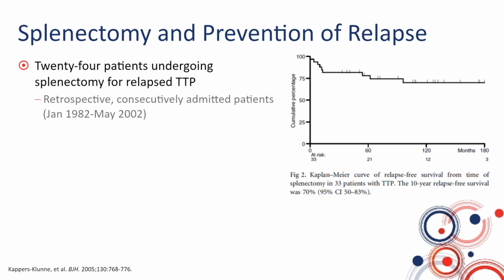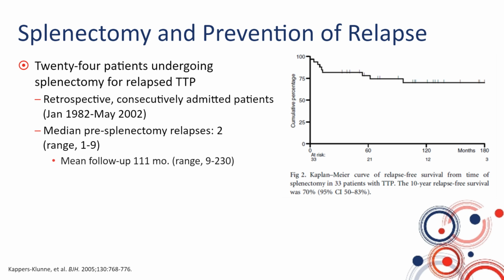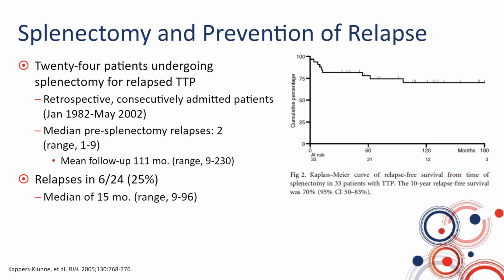But in this retrospective study, of patients who underwent a splenectomy to prevent relapses, the median pre-splenectomy relapses were 2 with a range of 1 to 9. Again, pretty significant follow-up of 111 months with a range of 9 to 230 months. Relapses occurred in 25% of patients after a median follow-up of 15 months, some as long as 96 months. But certainly a decrease in the relapses per patient year seen in the splenectomized patients. So there certainly were recurrences, but splenectomy did a very good job at preventing relapses in the majority of patients. Worthy of future study.